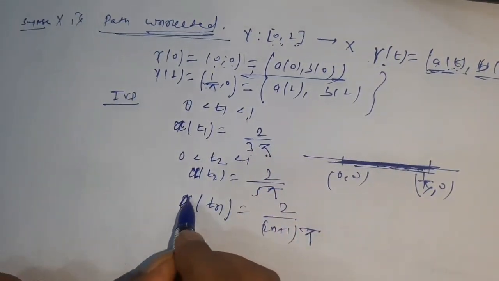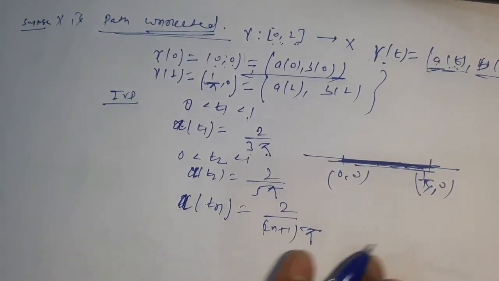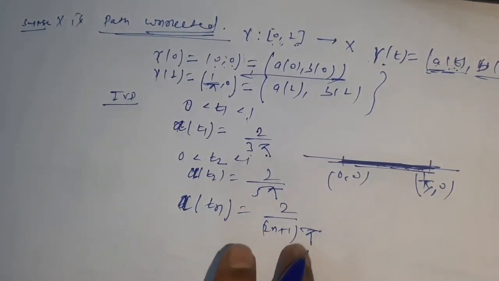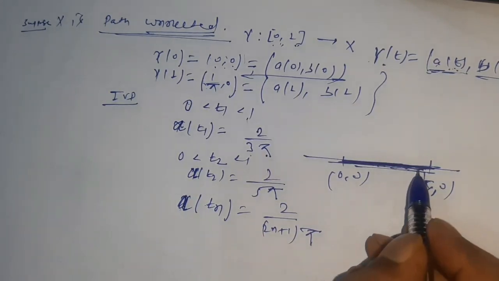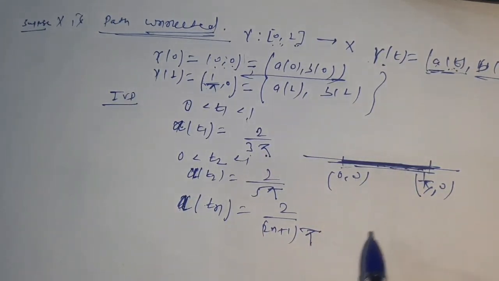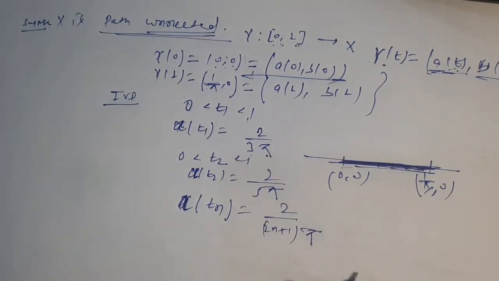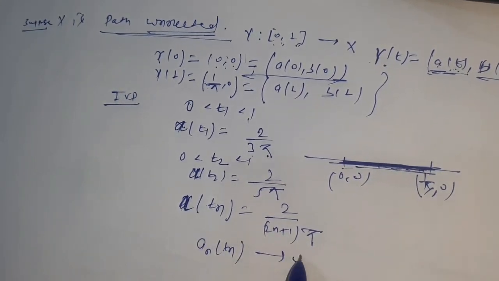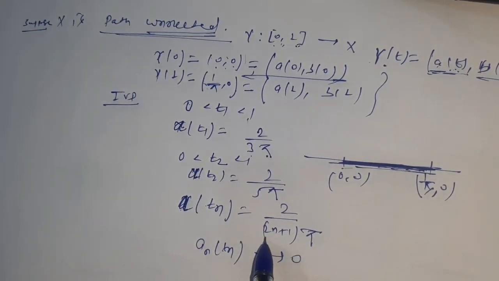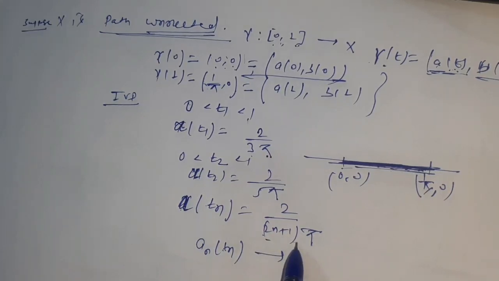So a t1, sorry, I forgot that. Okay, a t1 is equal to this, and this is a decreasing sequence because it is moving towards the origin. It is a decreasing sequence, and this sequence a t n converges to 0 as n tends to infinity.